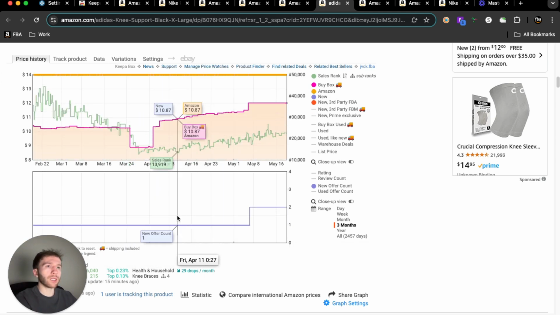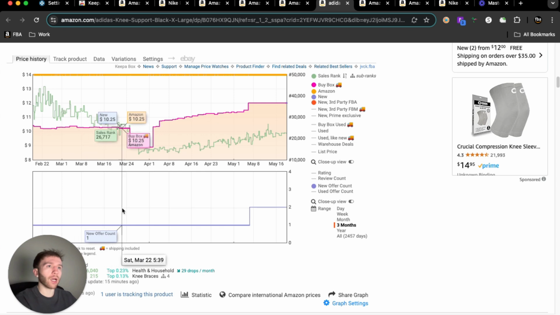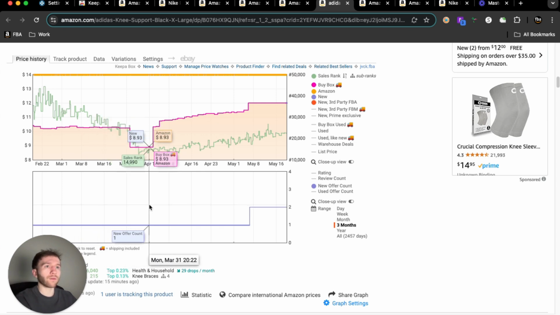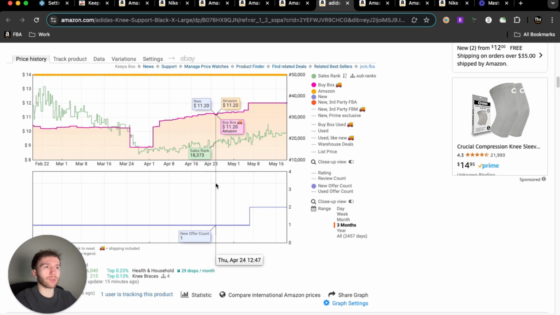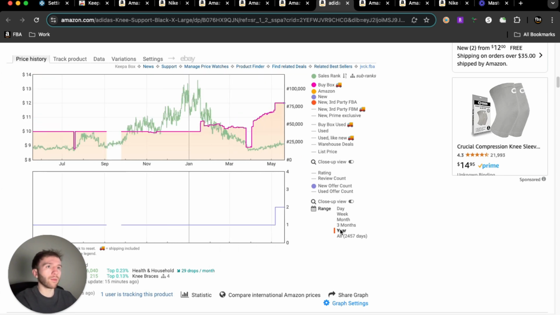This could be consistent just because it's Amazon in stock and they have had so many units of stock that they just haven't sold out yet, and they'll never sell out on this product maybe, because it looks like they have been the only one dominating this, except for when they sold out for this period of time in September, and then nobody was even on it before that for the last year.